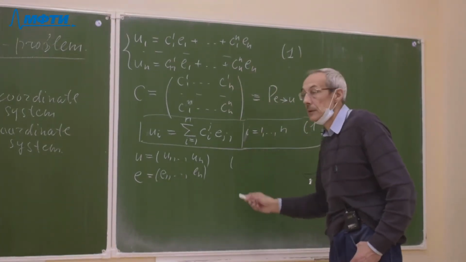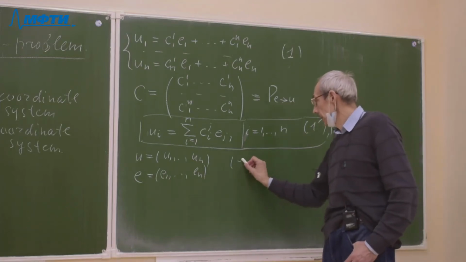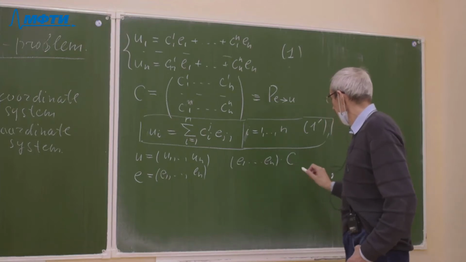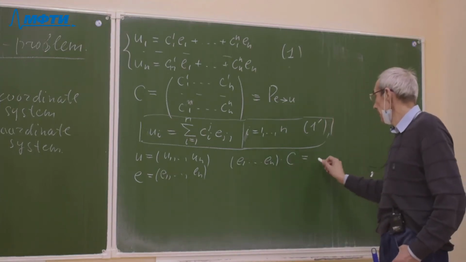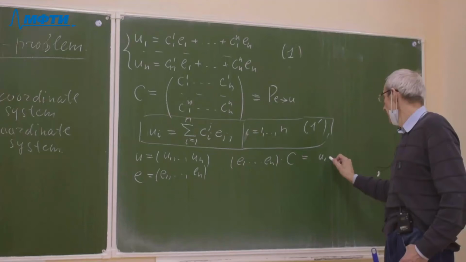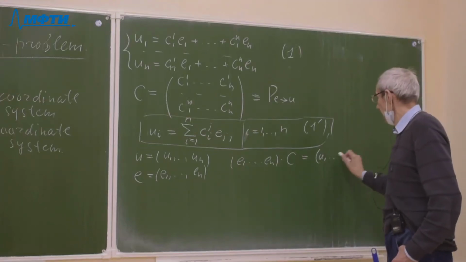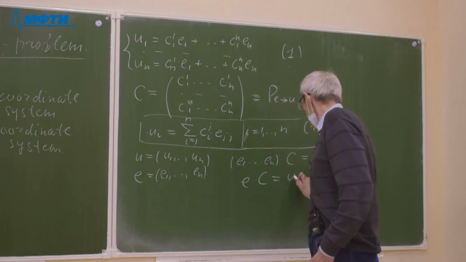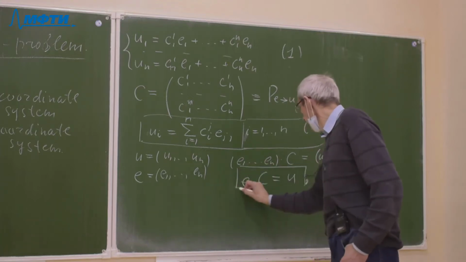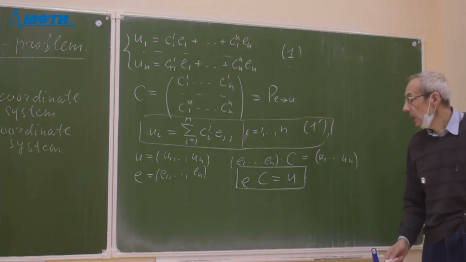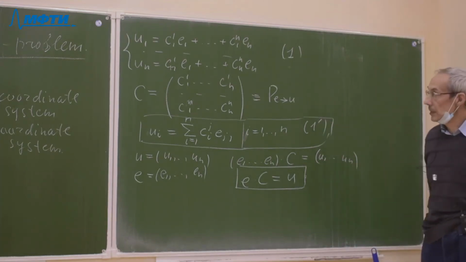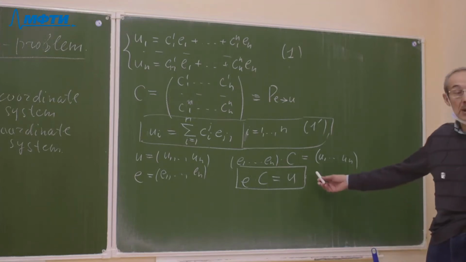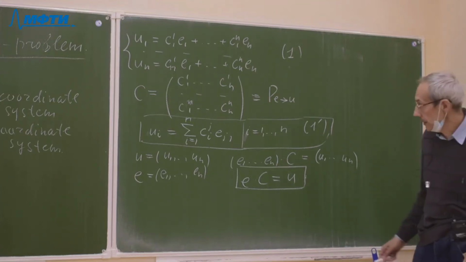We can consider the following matrix equality: E times C is equal to U, the shortest form for recording this relation between the new and old basis.